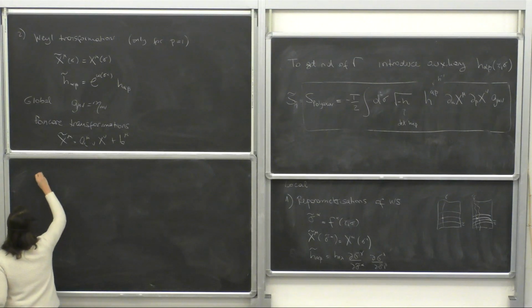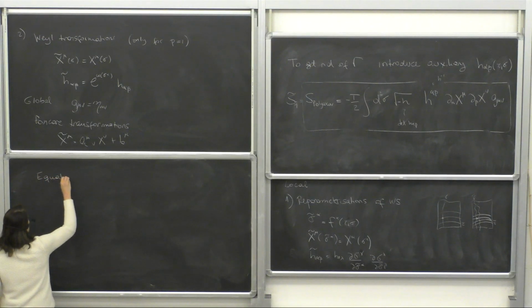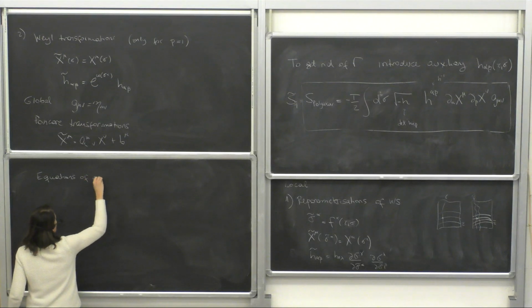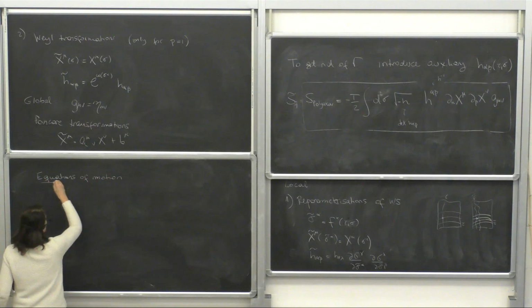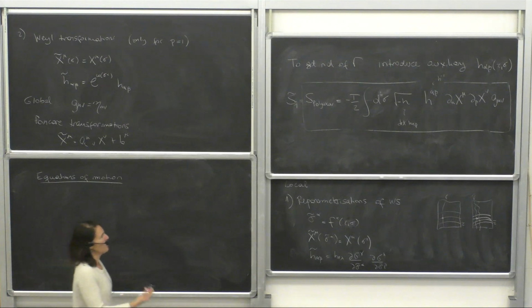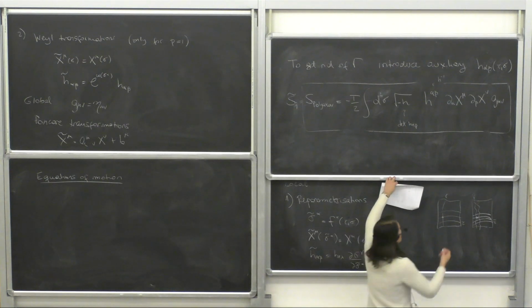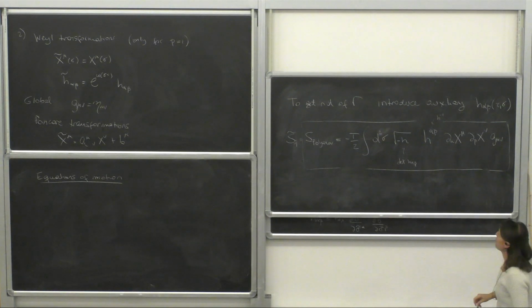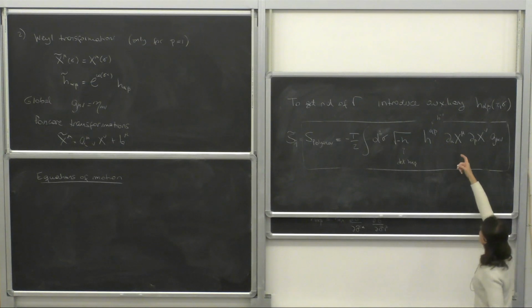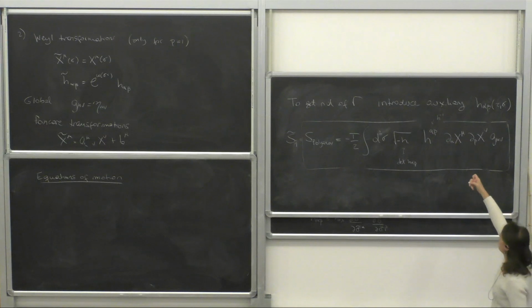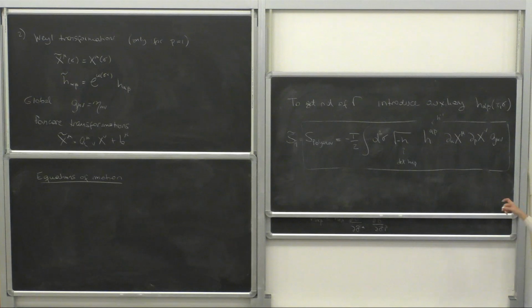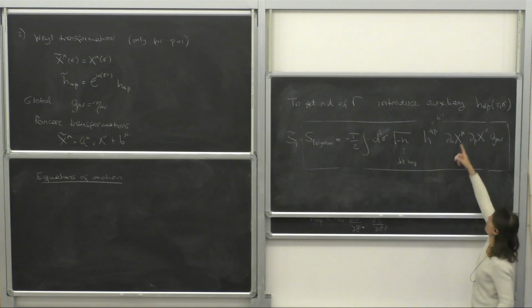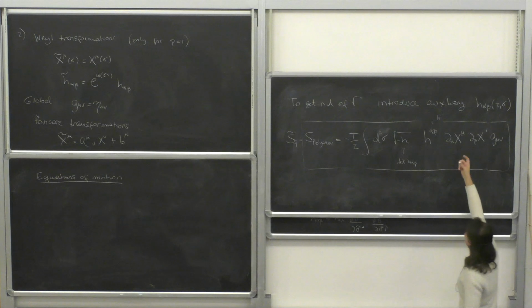Okay, so what are the equations of motion? Equations of motion for our fields. Our fields are these x^μ, where μ goes from 0 to D minus 1. We have these D fields, which from the point of view of the worldsheet are scalar fields. So they are just D copies; this index μ labels D copies.